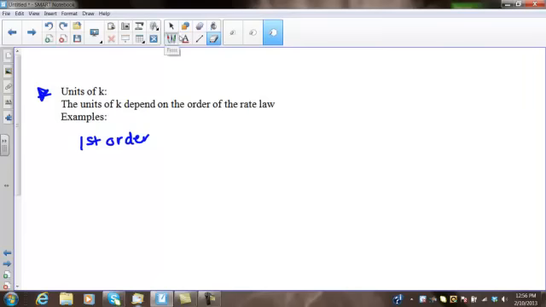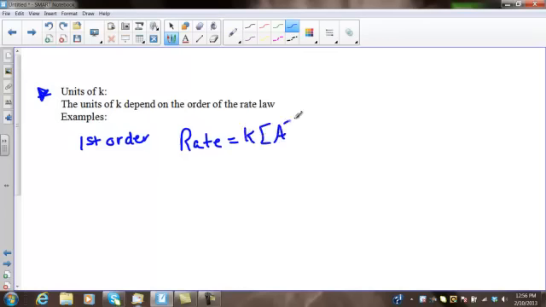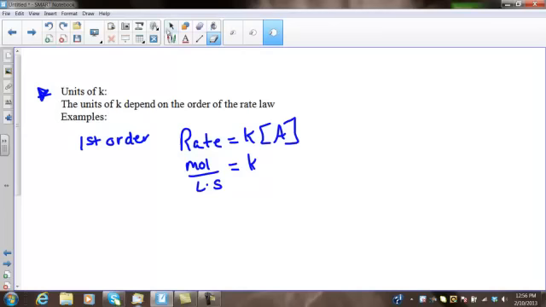If I have a first order reaction and the rate is equal to K times the concentration of A, the rate has units of moles per liter dot seconds, equal to K times concentration, which is always in moles per liter.